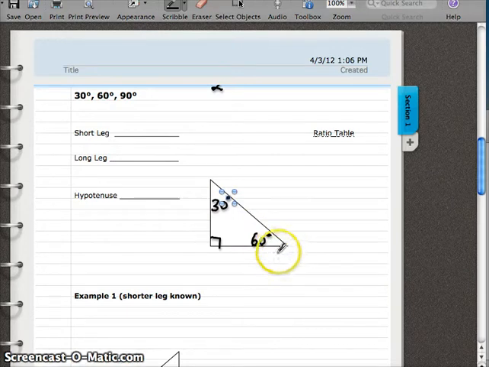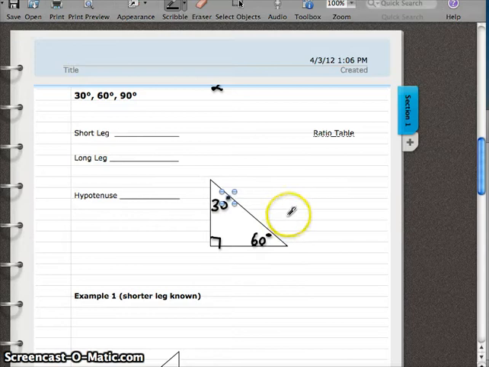But if you see a problem where all you're given is the 30, you're going to have to make that assumption that that missing angle is 60, or vice versa. If you're given a problem where all they give you is the 60-degree angle, then they're going to assume that you can come up with the 30 degrees right there.